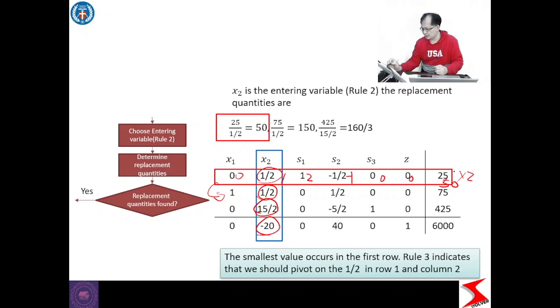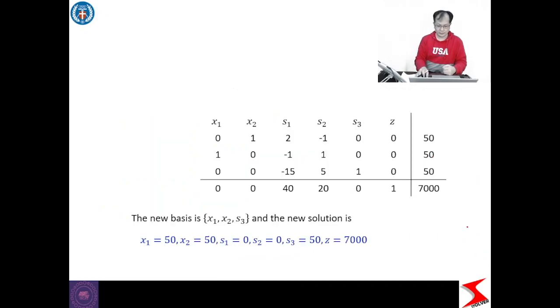So we can times this new row by minus 1/2, and for this one times minus 50 divided by 2, and this one times 20. And we will get the new results for this table.